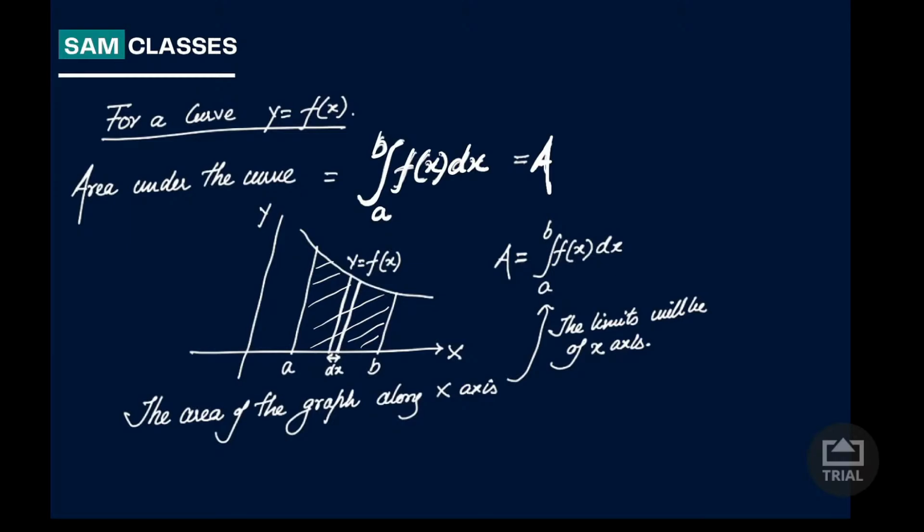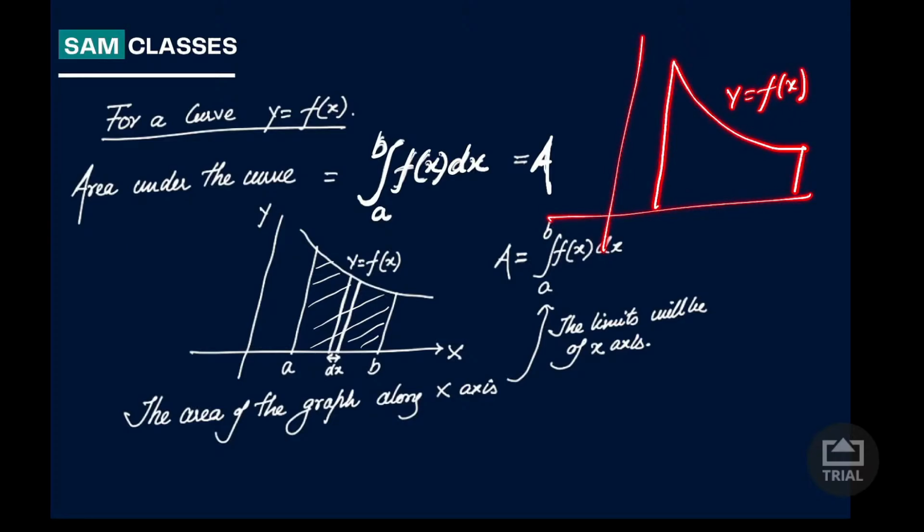Now let's see. Whenever I draw the graph, I have a curve like this, y is equal to f(x). Now I'm integrating this curve from a to b, and I'm finding the area under the curve along the x-axis. Not the y-axis, the x-axis.